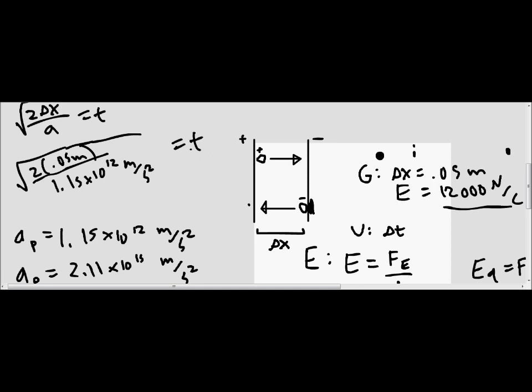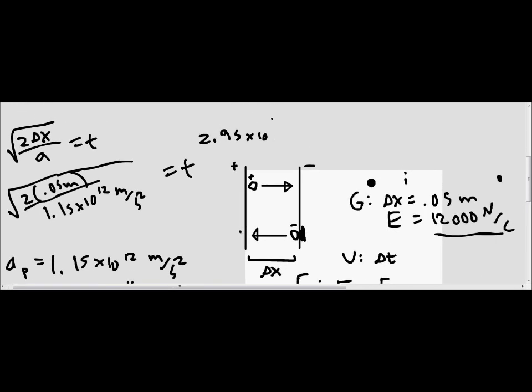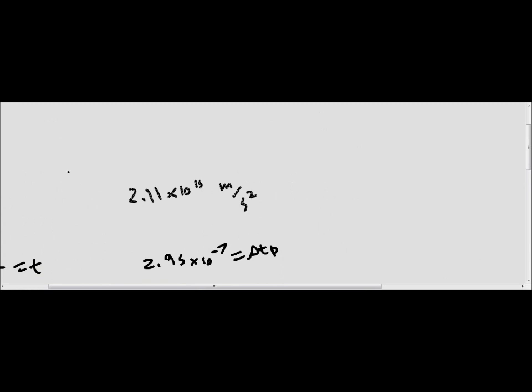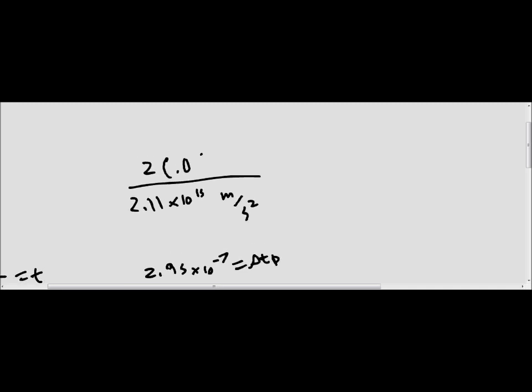And so the time for the proton is 2.95 times 10 to the negative 7. So that's the change in time for the proton. For our electron, we've got our acceleration here, and on top of that is 2 times the change in x, which is 0.05 meters, all square rooted.